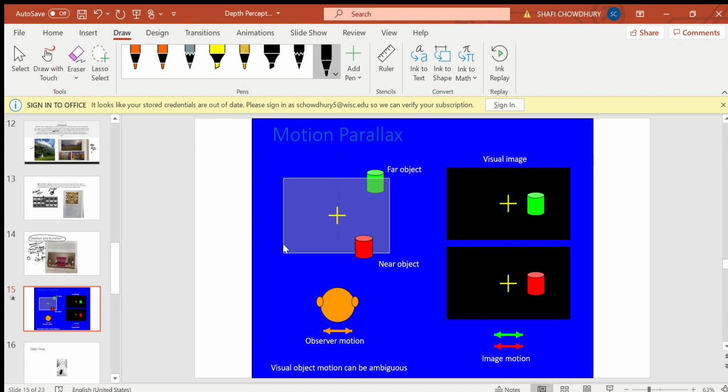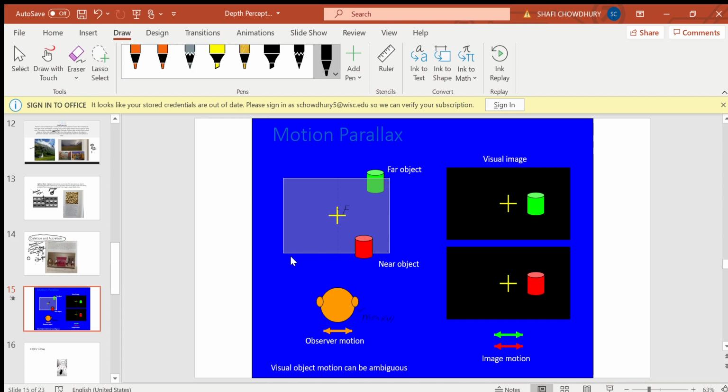So this is the way we do the experiment. We actually did it. I was involved in that too. You let the monkey sit on the monkey chair, or the subject sit on the chair, and in front of the subject on a big screen, you ask the subject to fixate on a fixation point, and you can create the motion parallax stimulus in front of that subject by moving the near things.